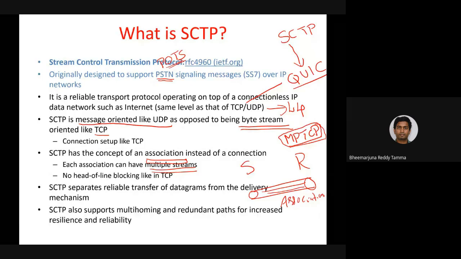And it also supports multi-homing. Multi-homing is nothing but having multiple NICs with one IP address for each NIC. So it is possible to have these IP addresses given by different ISPs, so that we can make sure that the critical network elements like UPF and AMF can be reachable even if one of the ISP's network is down.